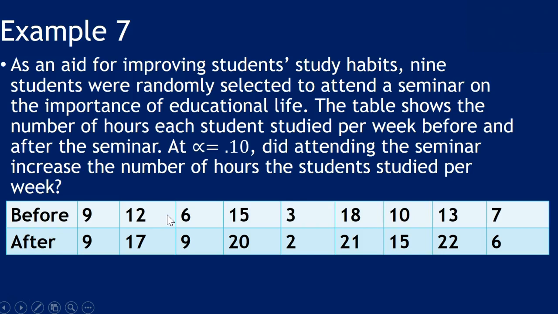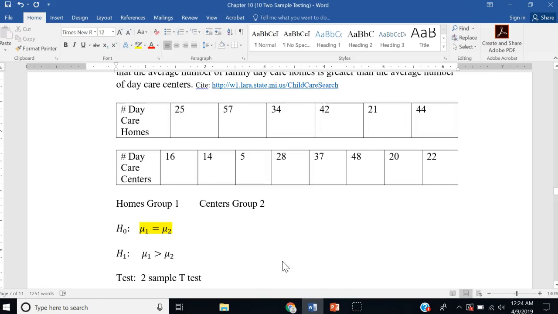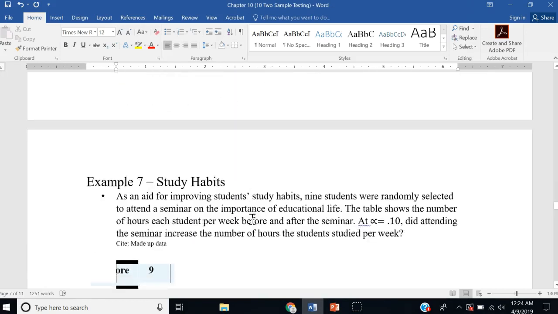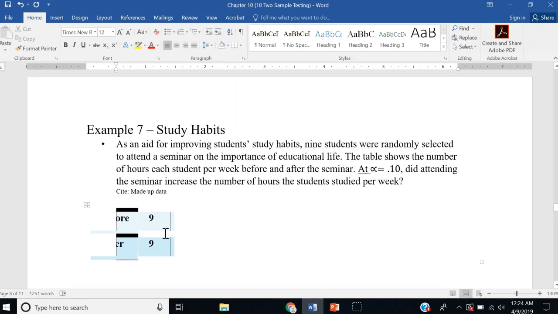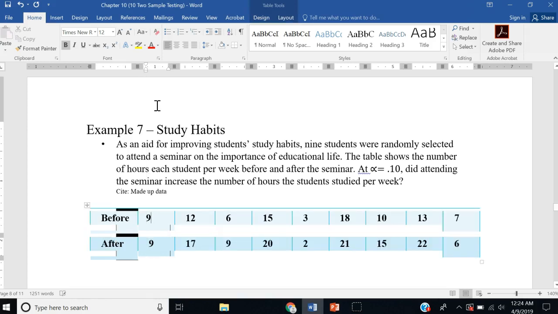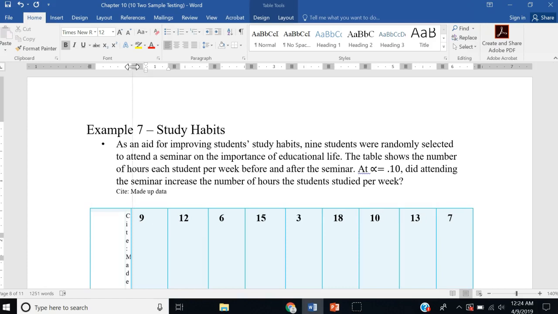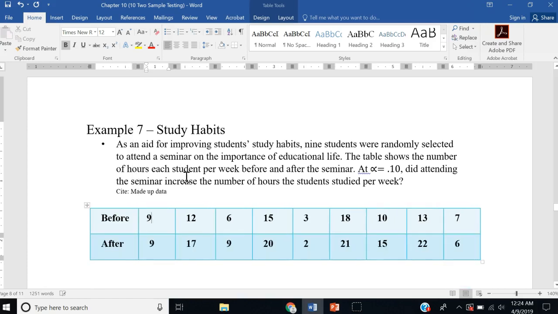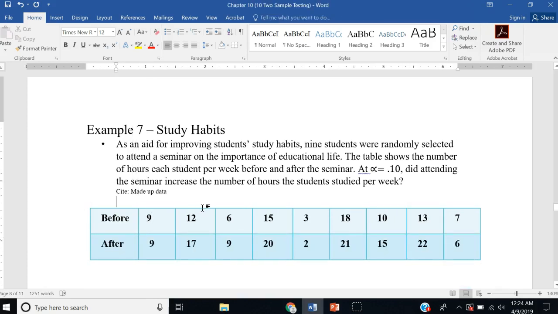So here's what we end up doing. Instead of treating these as 2 different groups, we realize that these are the same group studied twice. And so we look at how much change there was between our first and our second measurements.